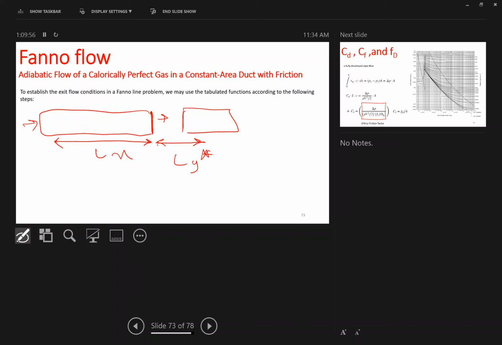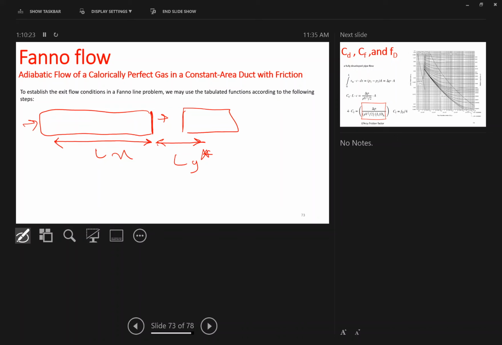And what if this Lx plus Ly star was not equal to your duct length? What should we do? Go back and change your Mach number. Okay, but should we increase the Mach number or decrease it?